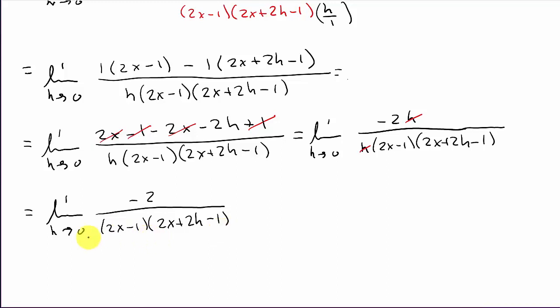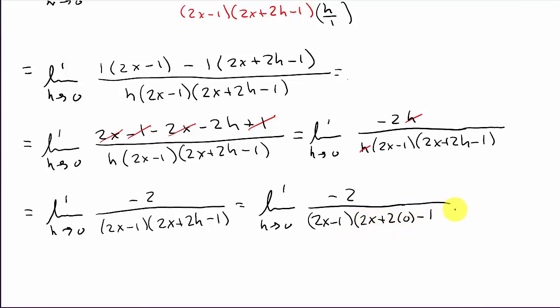Then we evaluate the limit. We plug the 0 in for h. That's negative 2 over 2x minus 1 times 2x plus 2 times 0 minus 1.